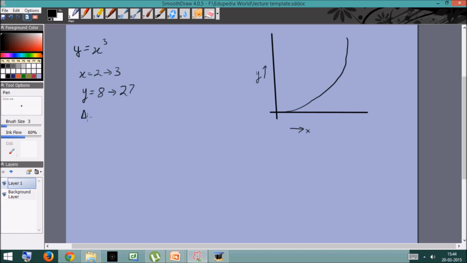So the change in y is 27 minus 8, which is 19, while the change in x in this case is 3 minus 2, which is 1. The quantity of interest generally when we're calculating the change is the change with respect to the thing we were originally varying.